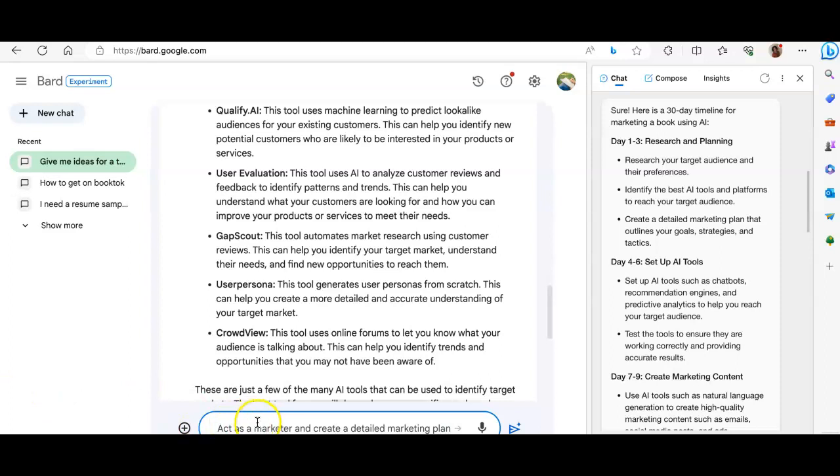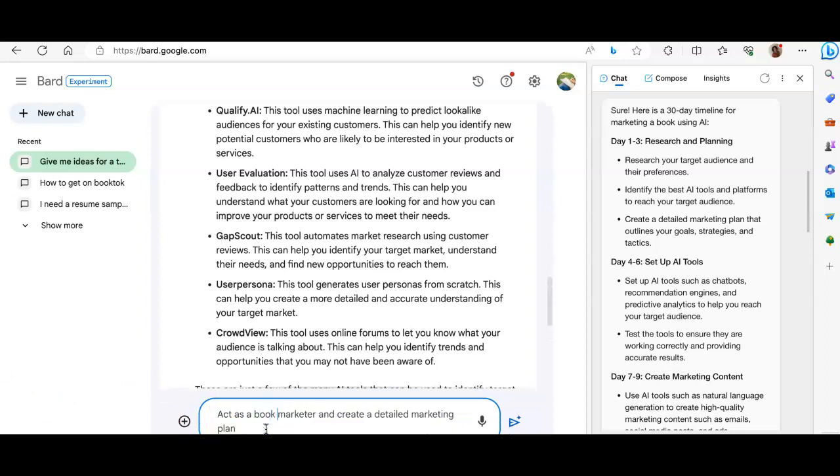So it could be act as, for me, since it's a book, act as a book marketer and create a detailed marketing plan that outlines, and then it's a goal to sell 100 books in 3 days.